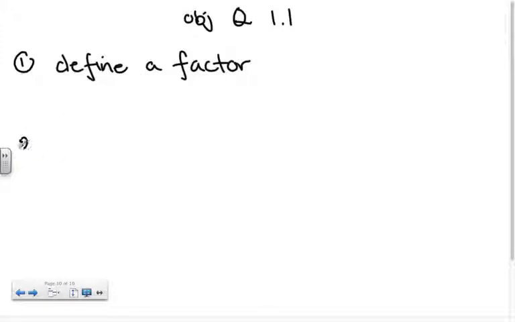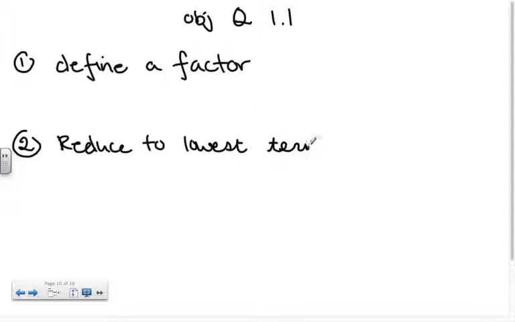The second question I would like you to answer is reduce to lowest terms: 12 over 36, 9 over 81.